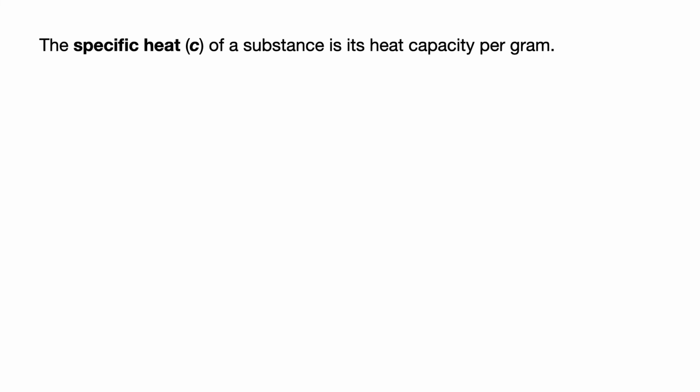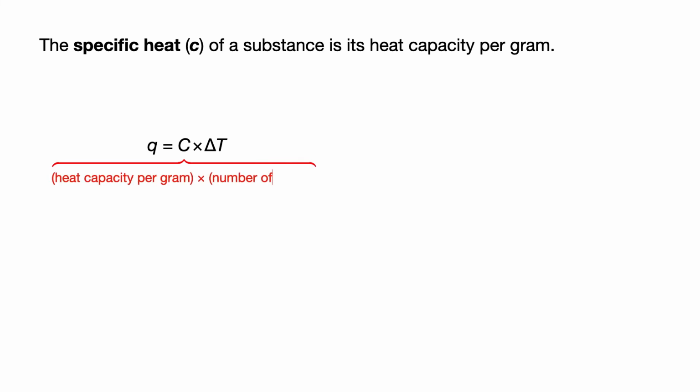And so the way that this figures into heat calculations is heat capacity times the change in temperature, and then the heat capacity is going to be the specific heat, the heat capacity per gram, times the number of grams. So we can also write down that the heat that's needed to raise the temperature of an object is equal to its specific heat times the mass in grams, times the change in temperature.